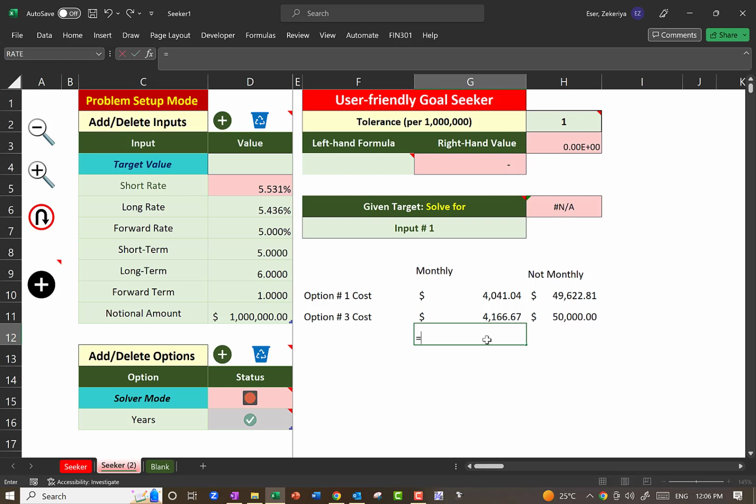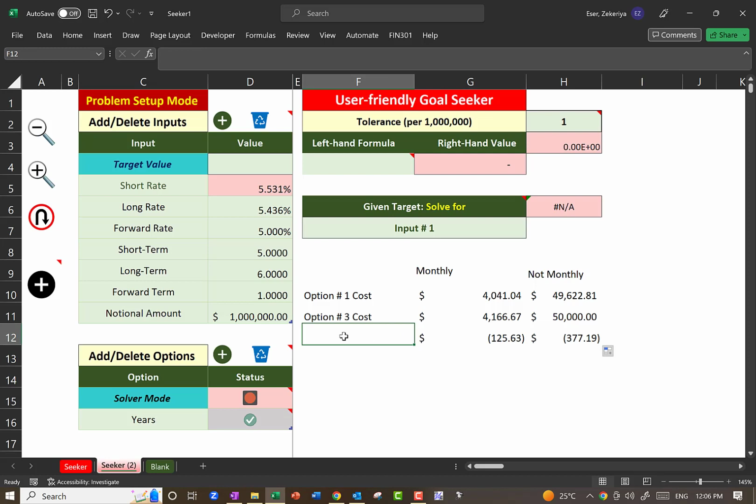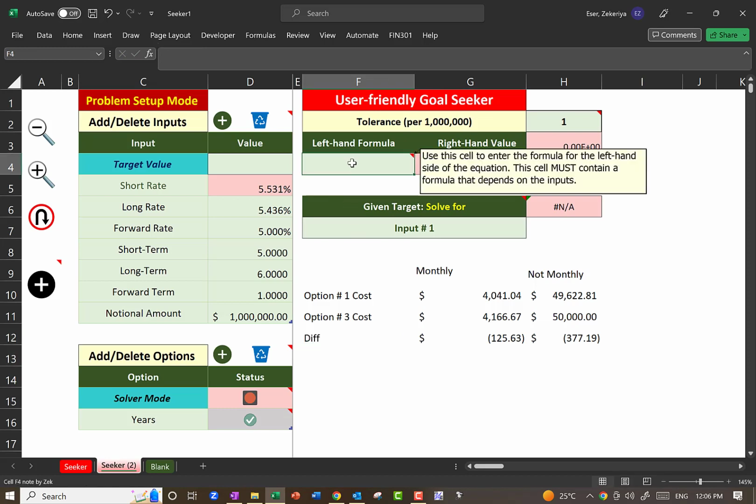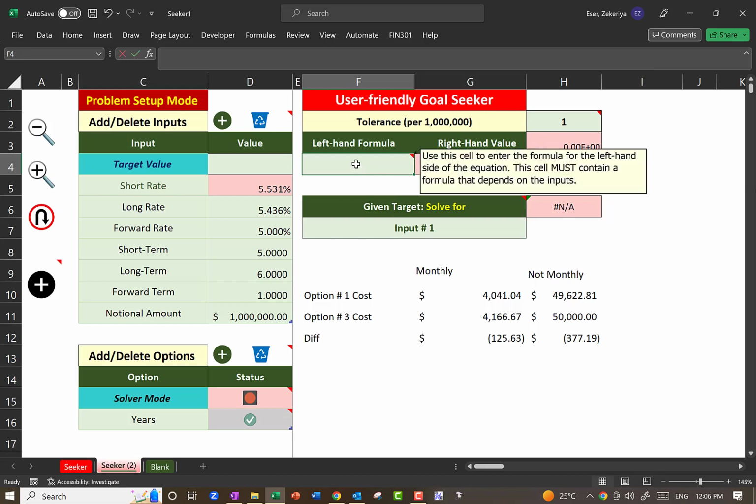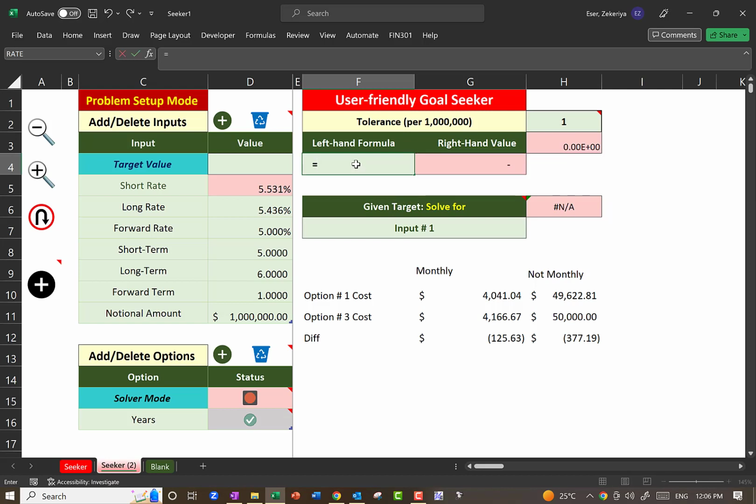Use that amount. Otherwise, use that amount. And my target value is 0 anyway. Okay. So depending upon, let's go back to monthly. Depending upon, and I'm going to solve for the forward rate.